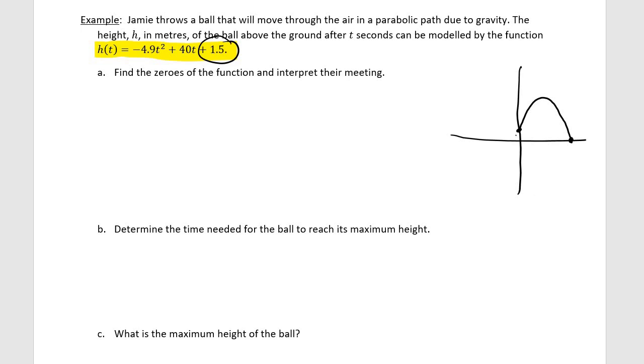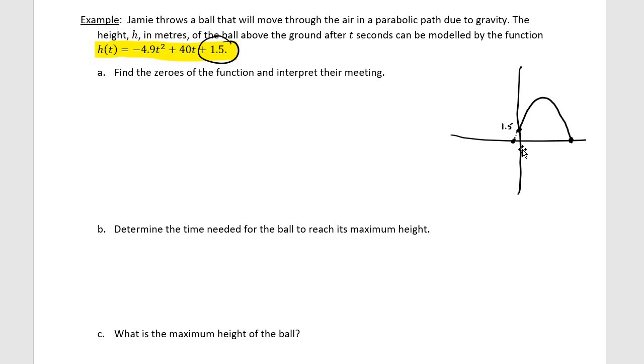The graph would continue this way, which doesn't really make sense for reality, since we don't know what the ball was doing before Jamie throws it. But in terms of how parabolas work, it would continue, and there would be a root on that side as well. And then this would be a height of 1.5.